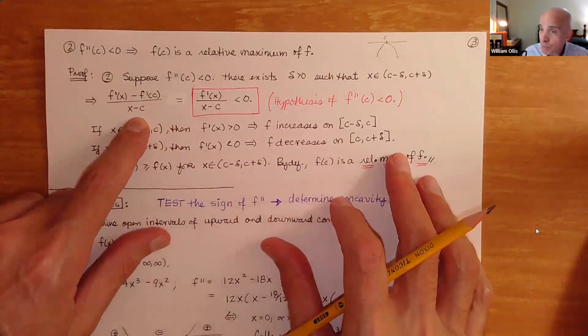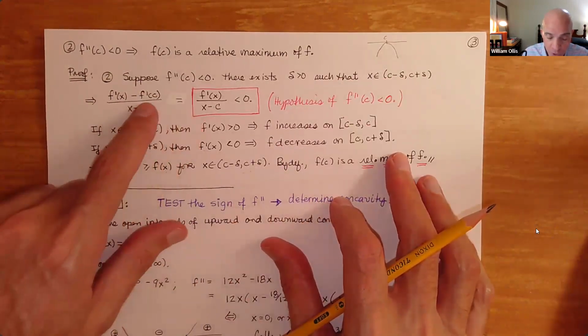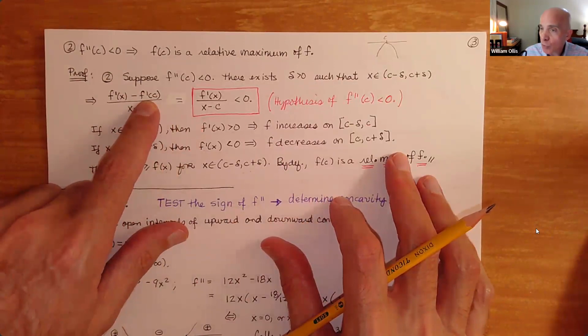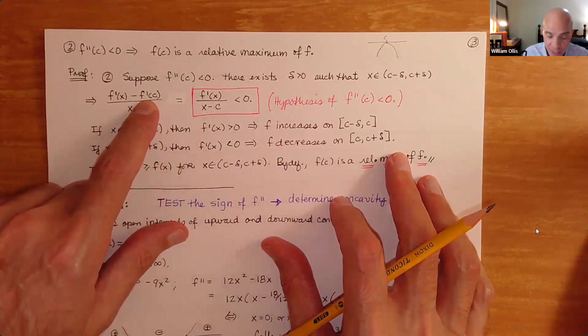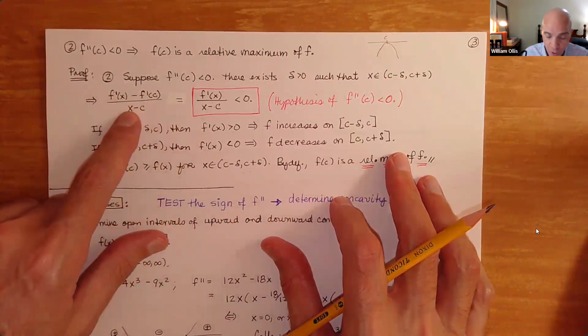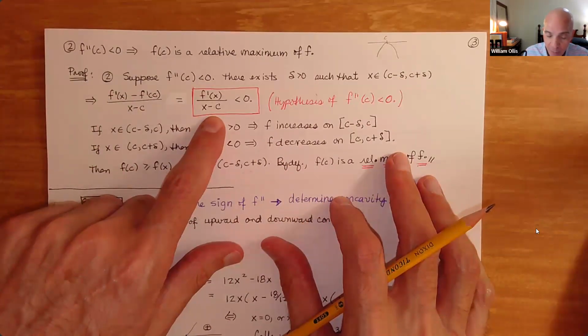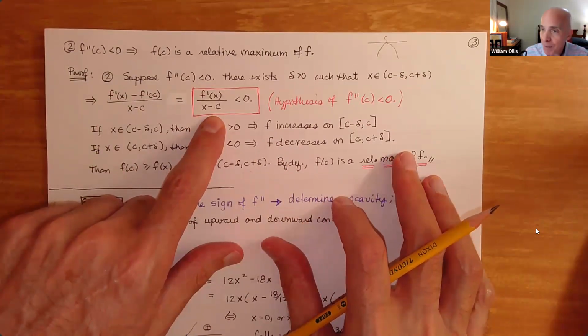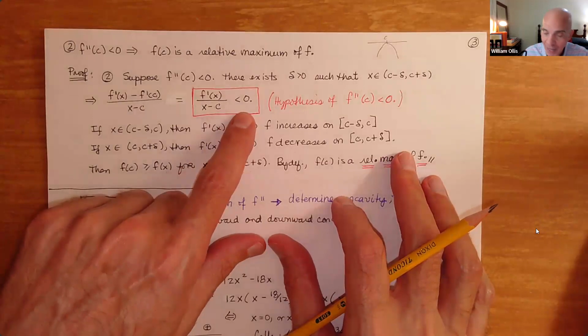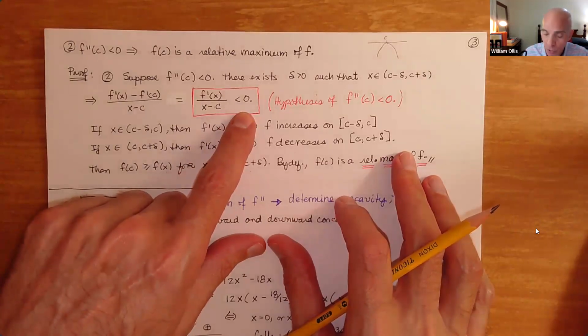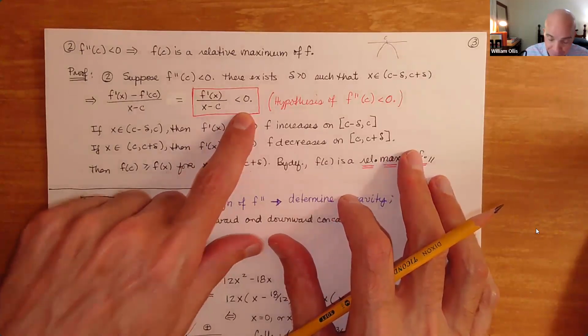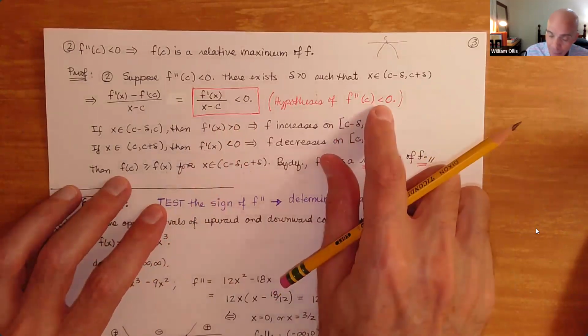But the argument is much simpler. Since c is a critical number, f prime of c is 0, so this difference quotient just reduces to f prime of x divided by x minus c, and this will have a sign that is less than 0, or a negative sign. So now that is the hypothesis.